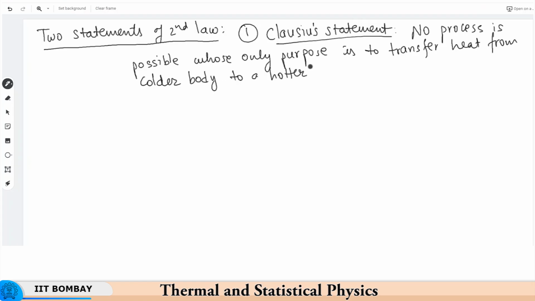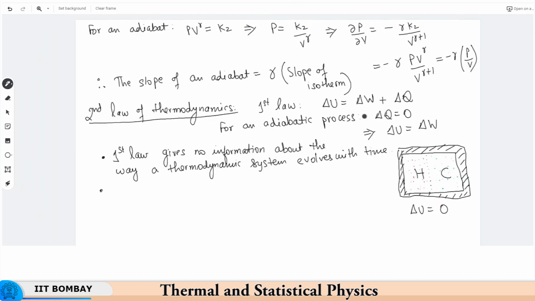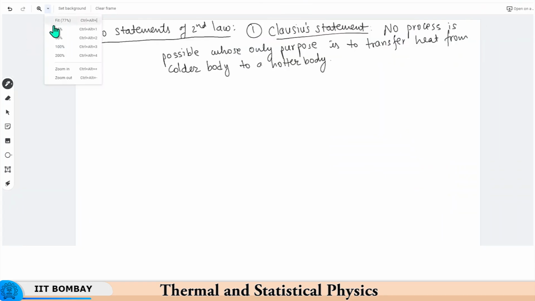Okay. So, what this means is this is basically driven by our daily observations that such a process is forbidden, right. So, this colder part of this container cannot really keep on getting cooler and cooler, and the hotter part cannot really keep on getting hotter and hotter, right. So, the heat cannot really flow in this direction. So, it just forbids it, and this is basically driven by our daily observation, right.